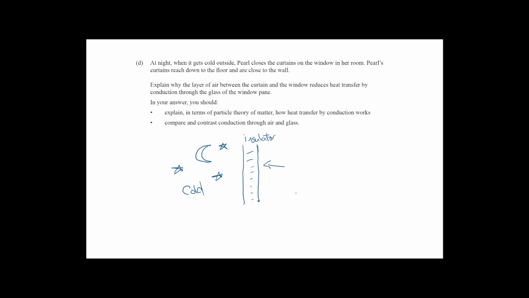So heat can hit it, and it will not sort of pass the parcel and go outside. So it'll sort of go there and either be absorbed or bounce off. This gap is really, really useful.